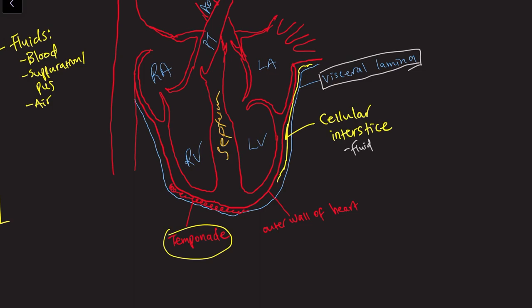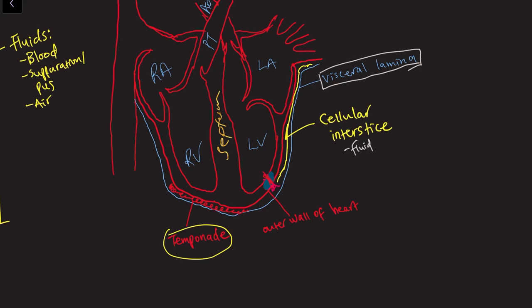Why? Because if the heart ruptures, for example, the patient has ischemic heart disease, and then that part of the heart becomes weak because of scar formation, to the extent that it ruptures.